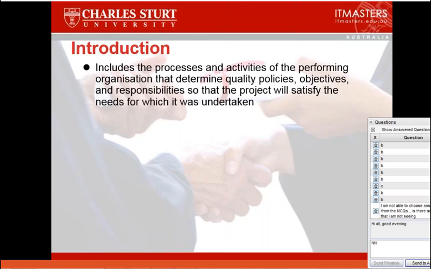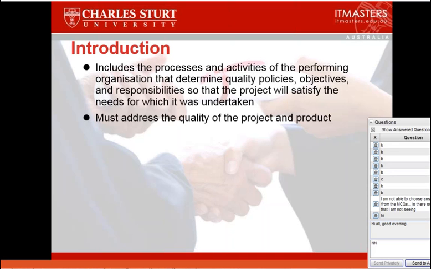But the idea is that we need to recognize that we're looking at the processes and activities of the performing organization that determine quality policies, objectives and responsibilities. So usually the project manager doesn't determine these policies and procedures. They're already in place and you have to work within the organization's quality policies and procedures. A very important point to realize.